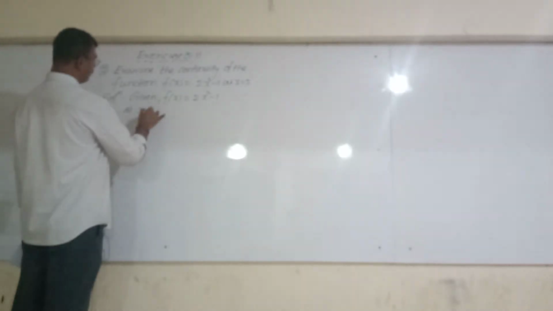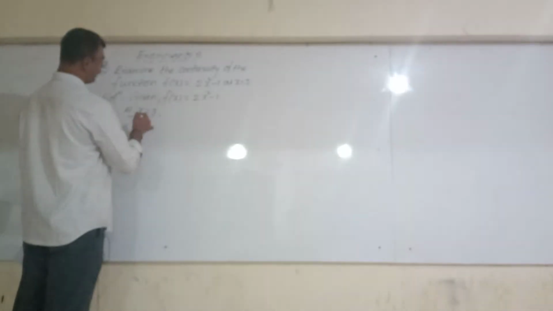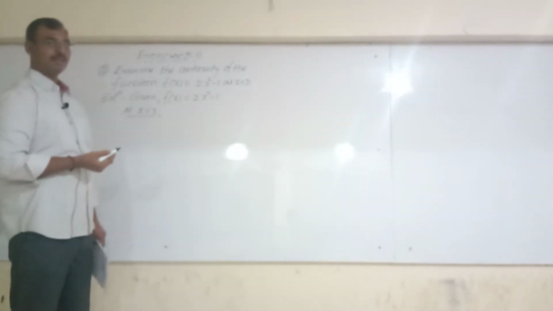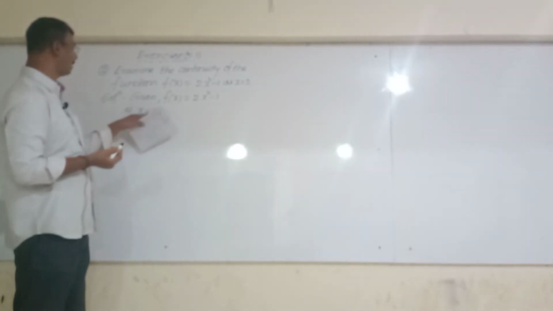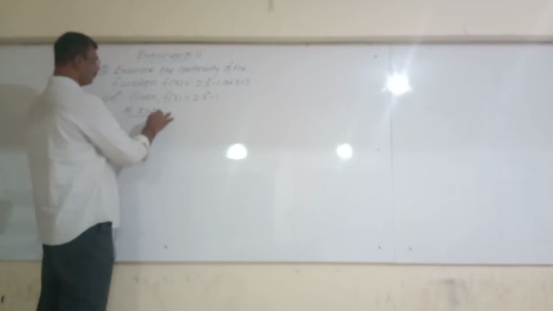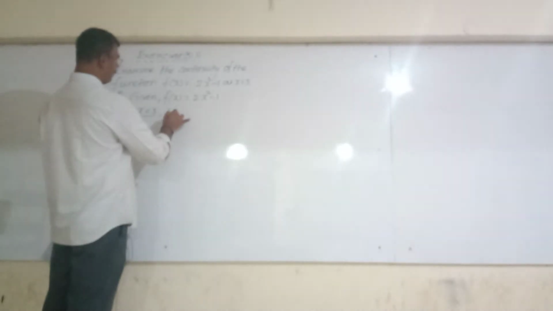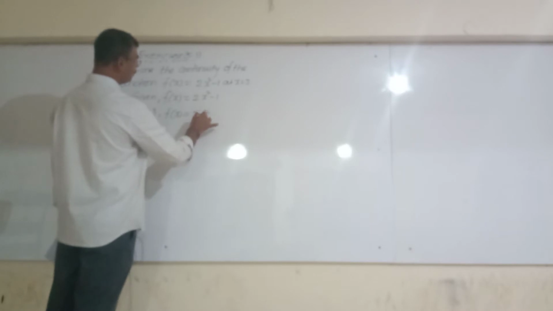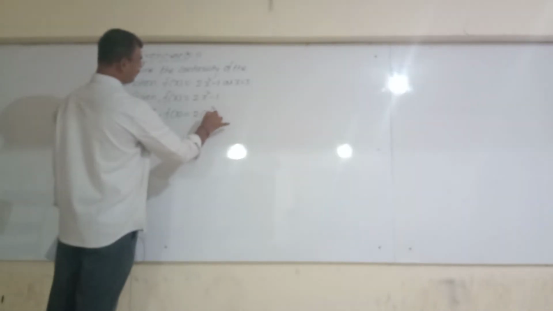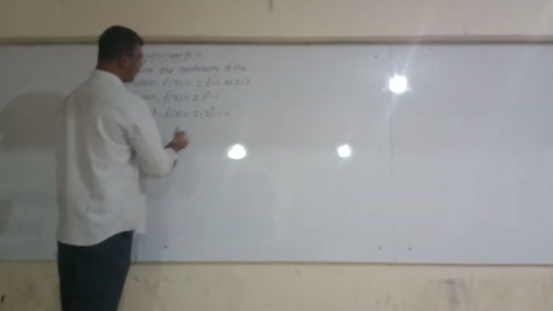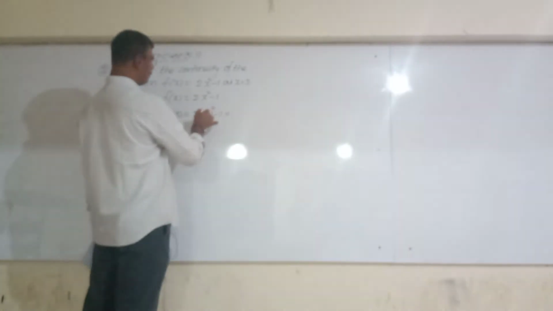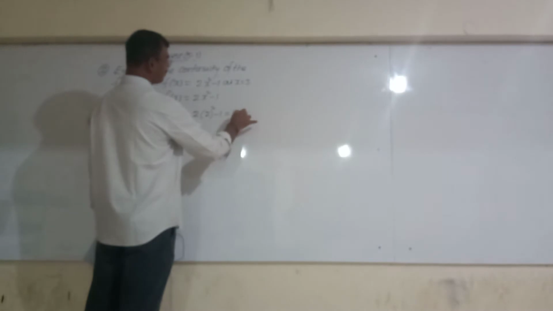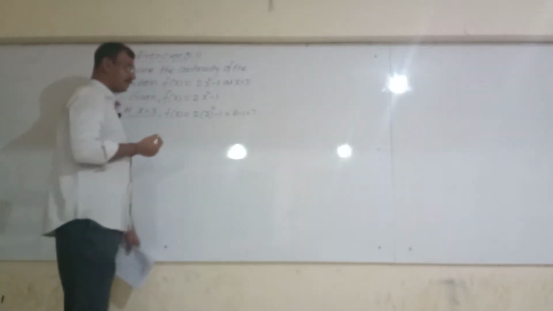At x equal to 3, firstly we have to find the value of f of 3. So f of 3 is equal to 2 into 3 square minus 1. That is 2 into 9, which is 18. 18 minus 1 is equal to 17.